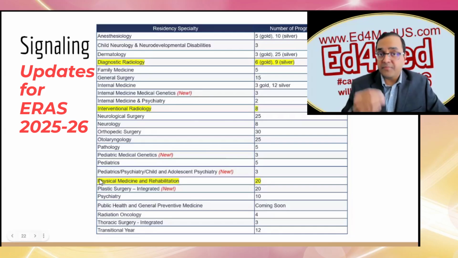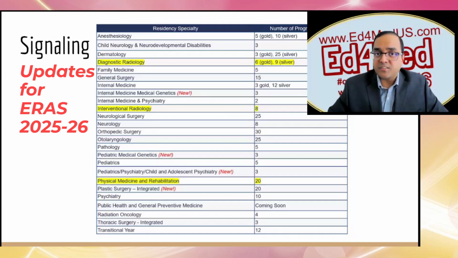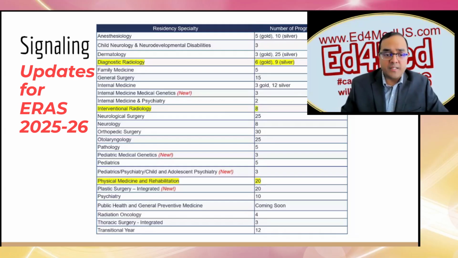PM&R, they have increased the number of signals. Internal medicine has stayed the same, but diagnostic radiology and interventional radiology were earlier clumped into one group, but now there are 2 different specialties, thus allowing more signals. So there is an interest among programs to get these signaling messages, which is great.